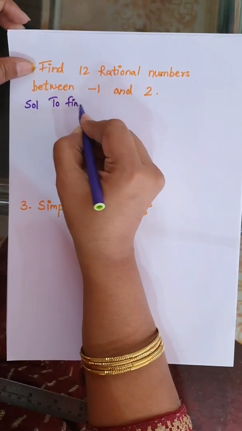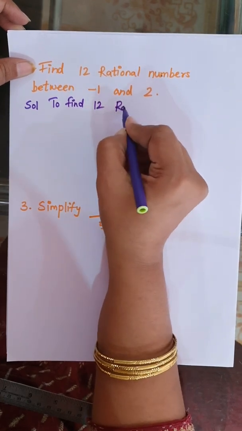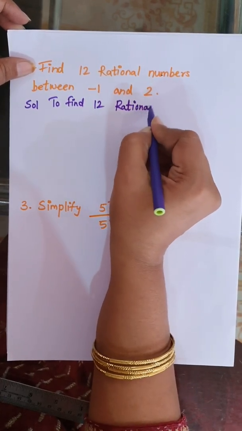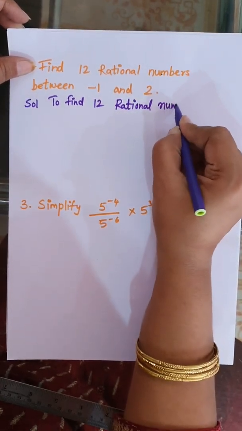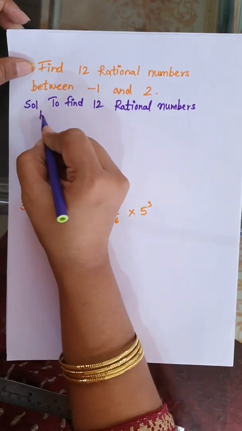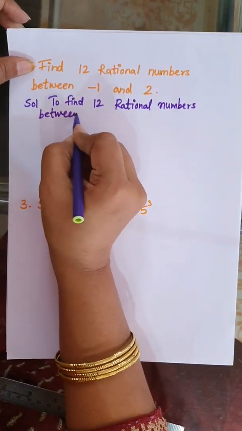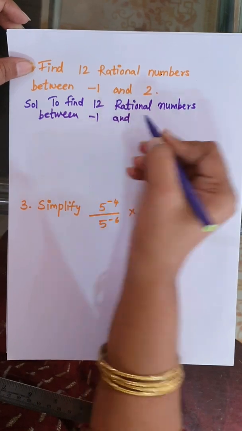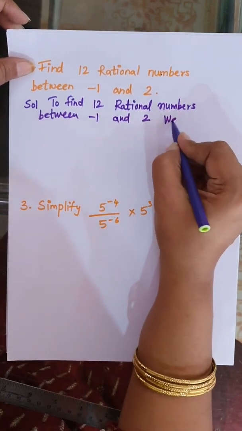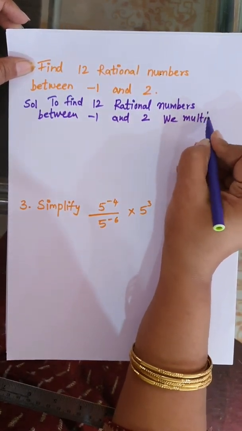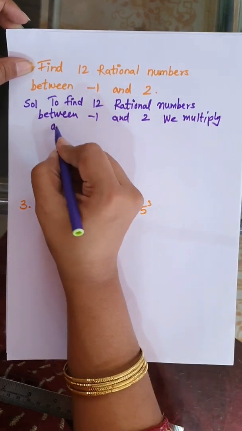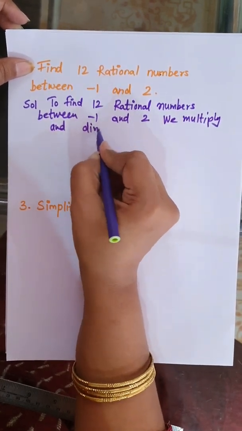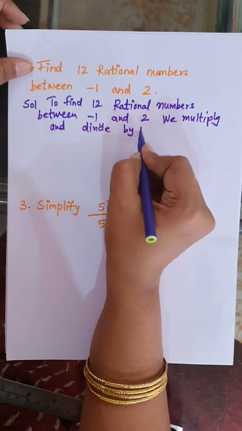To find 12 rational numbers between minus 1 and 2, we multiply and divide by 10.